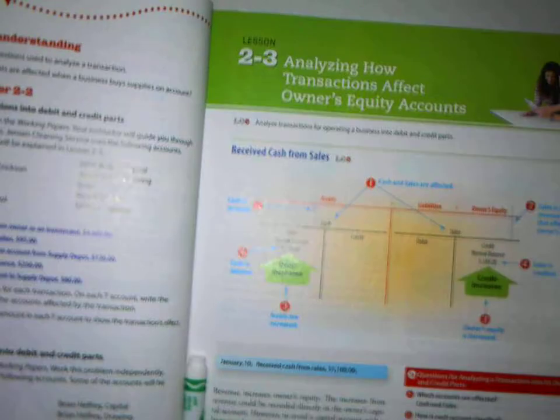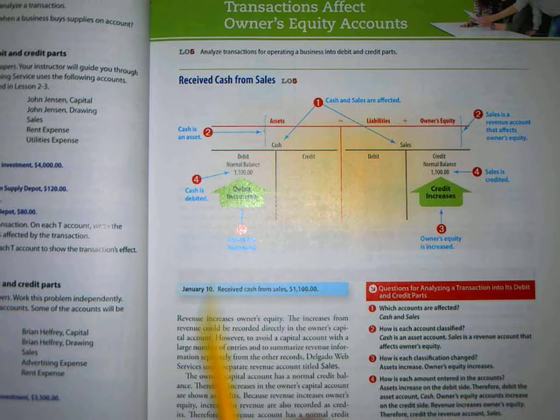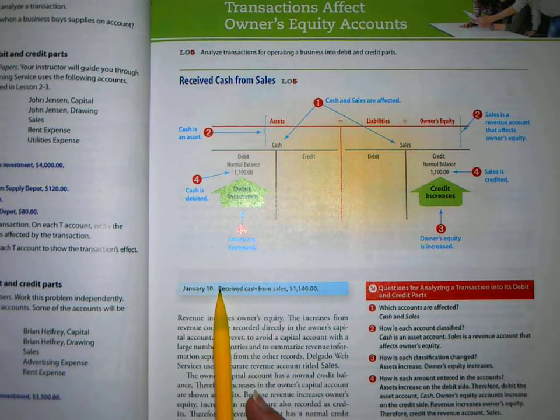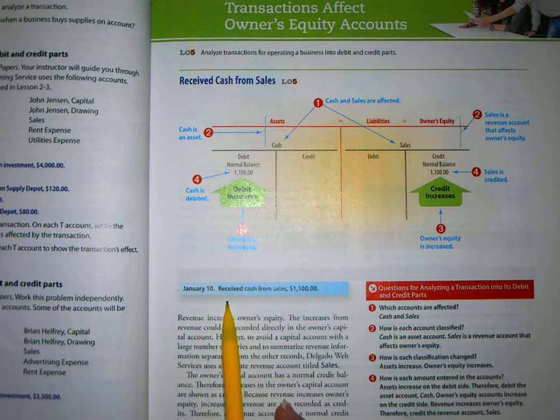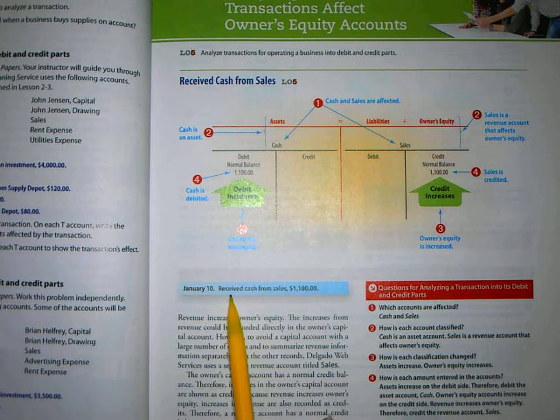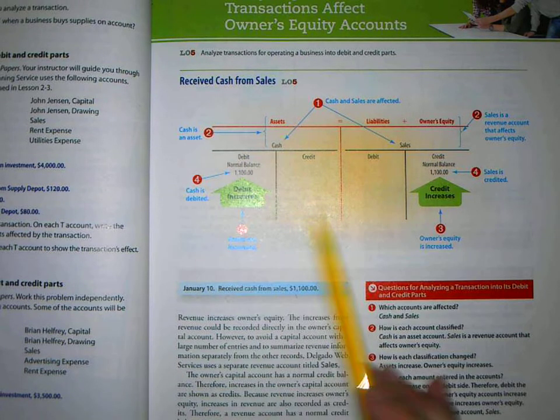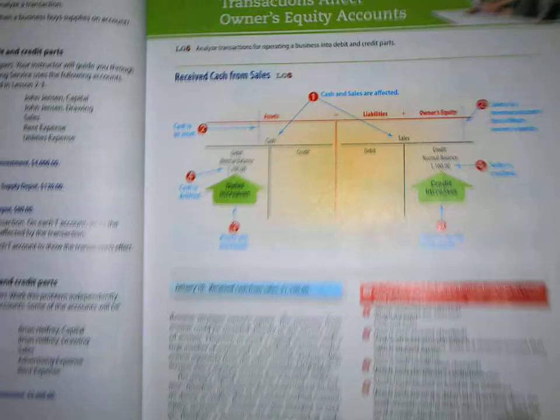Back the way we did this earlier, where we're looking at the transactions here in the blue bars. And this is kind of actually a continuation of the previous ones. So on January 10th, we finished 2.2 on January 9th. So now on January 10th, we received cash from sales for $1,100. Again, pictures are really good here. Now you'll also have pictures here.